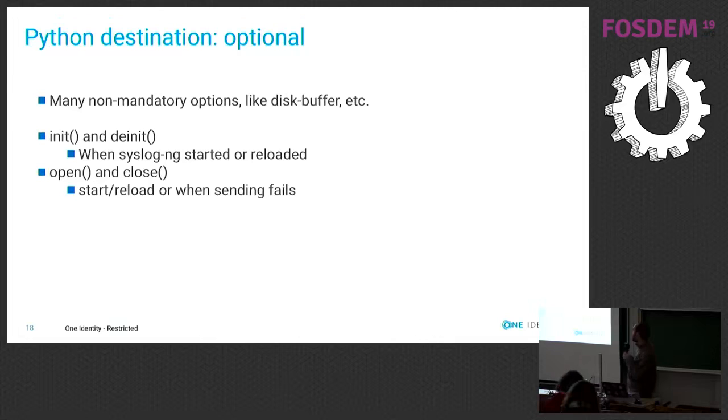And if you want to write real robust code, then you don't use only a single send method, but do proper initialization with init, which is called when syslog-ng is started or reloaded, and use open and close, which are called from syslog-ng when syslog-ng started, reloaded, or when sending the message failed.